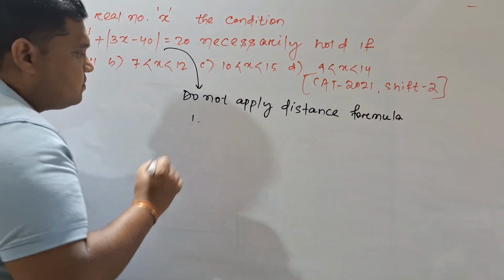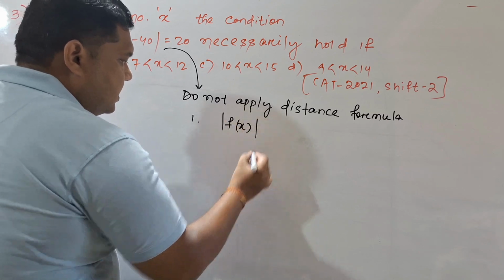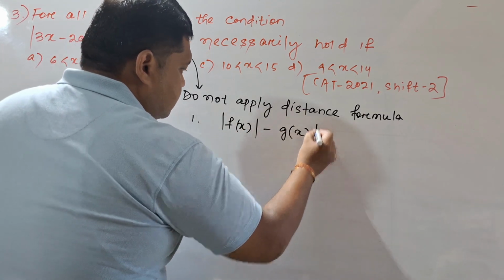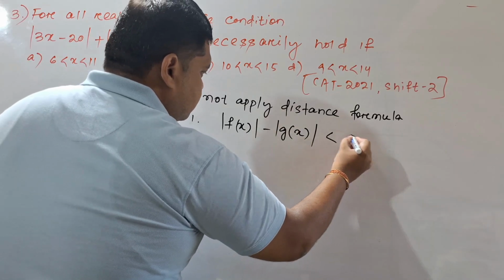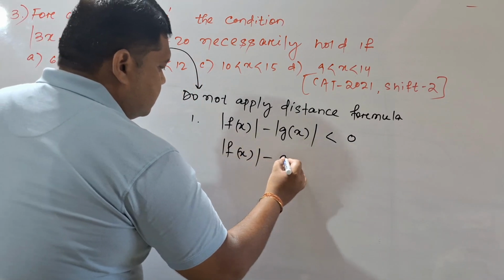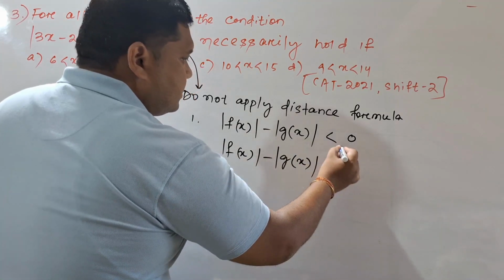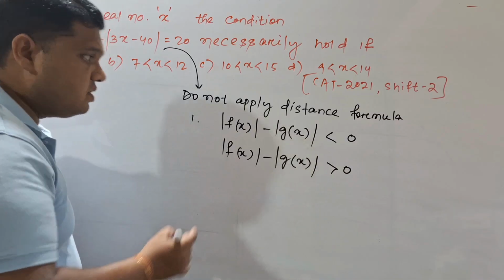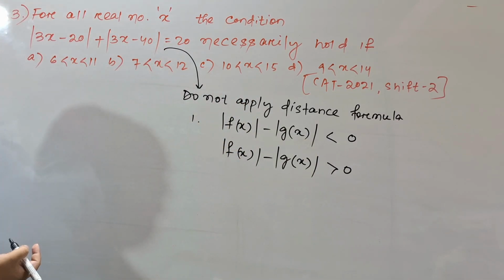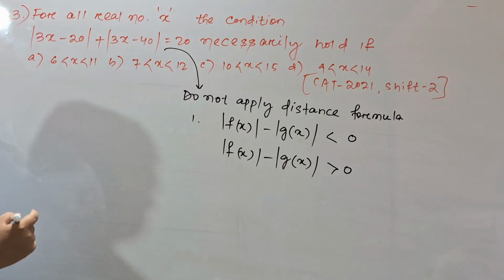You can apply it if the question structure is like this: two functions, |f(x)| minus |g(x)| less than 0, or greater than 0, or less than equal to 0, greater than equal to 0. If you observe here, the equal to symbol is there, so don't apply the distance formula here.